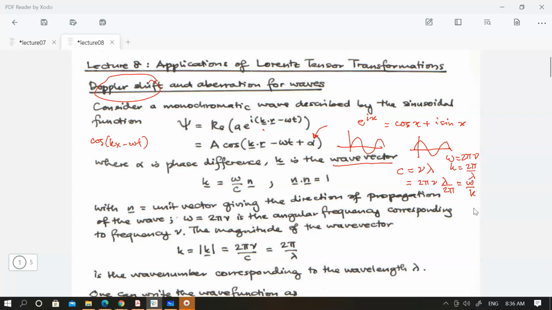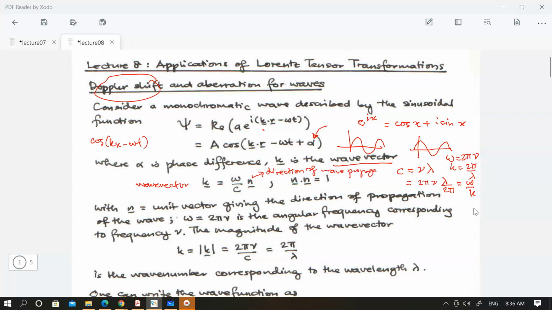This is your wave vector now, instead of your wave number. Okay, so the direction of the wave vector is given by this n, and this n essentially tells you the direction of your wave propagation.